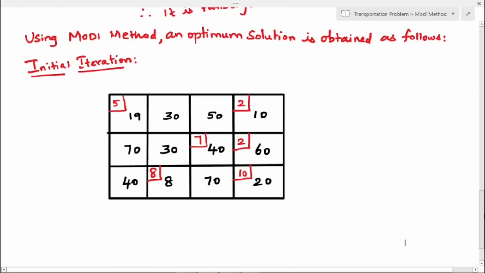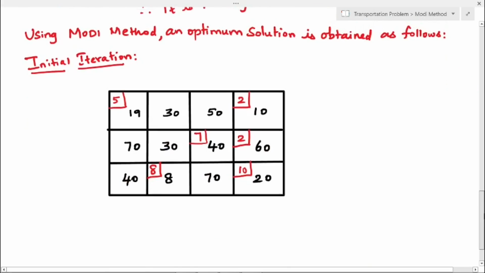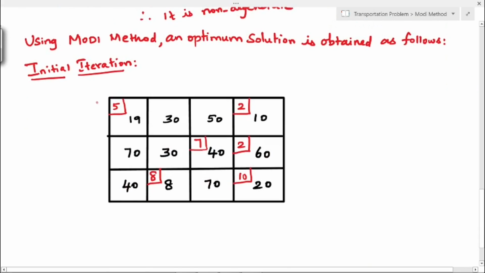Now you have to assign the first row an unknown value, U1, second row U2, third row U3. Similarly, columns: first column V1, second column V2, third column V3 and fourth column V4.